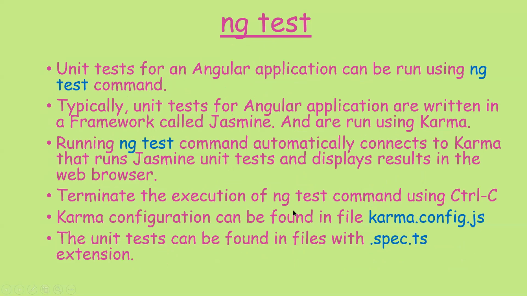And let me run it. What they're saying is that typically unit tests for an Angular application are written in a framework called Jasmine, and they can be run using Karma.